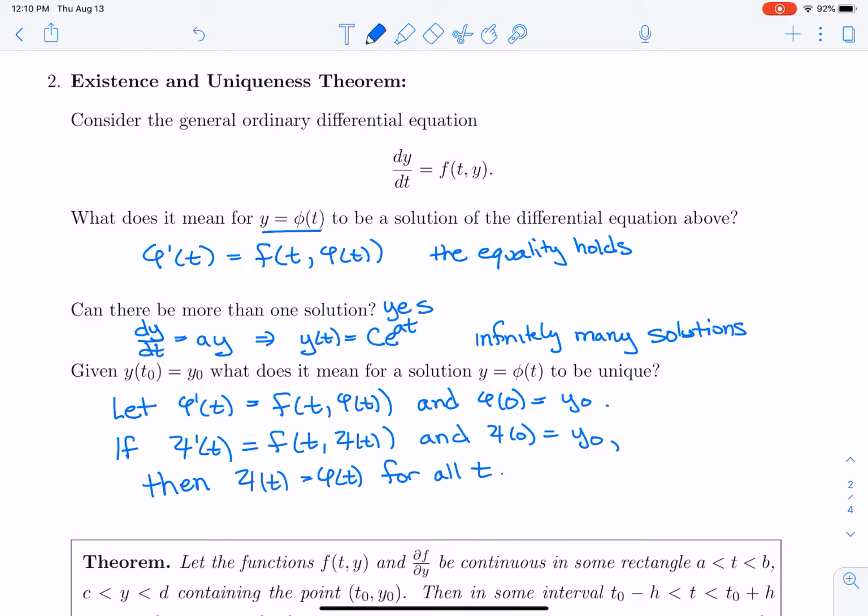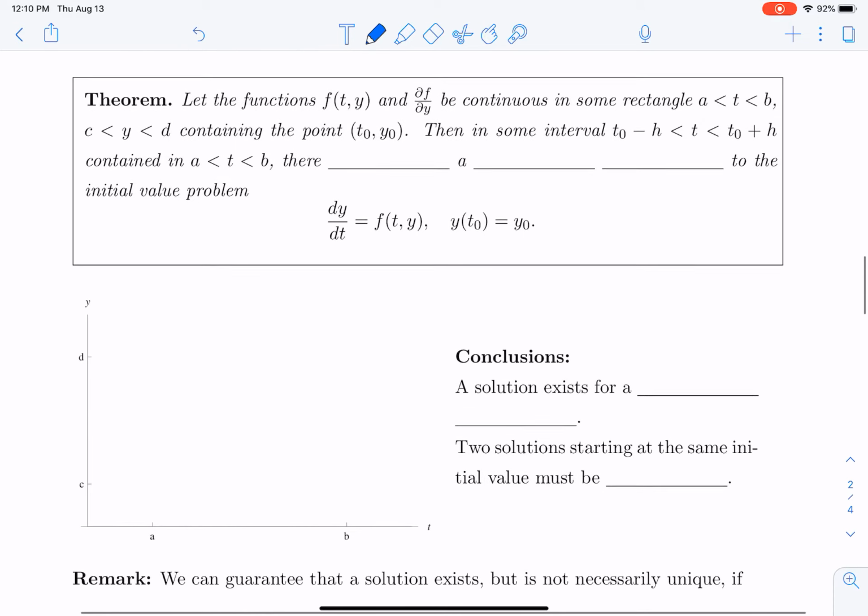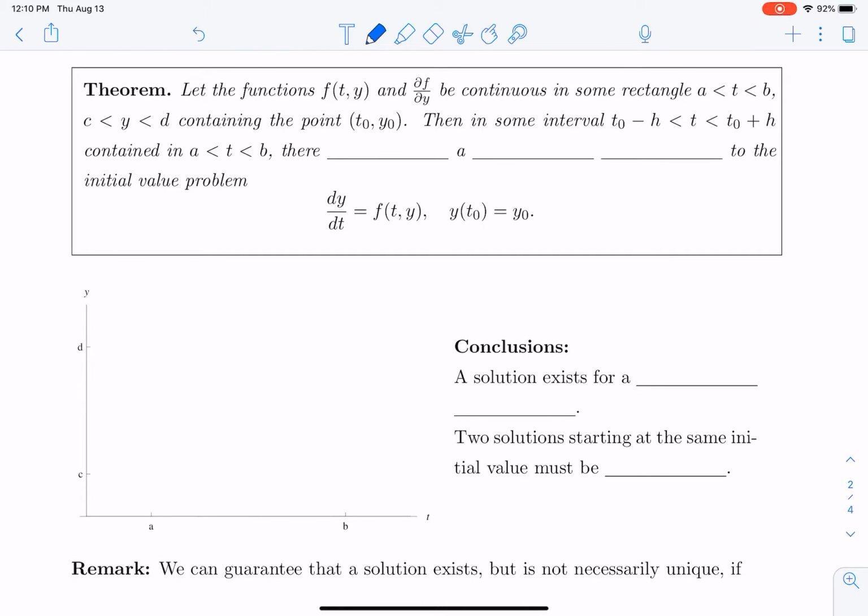Now that we have an understanding of what uniqueness is, this brings us to what's called the existence and uniqueness theorem. The theorem says, let the functions f of t, y, and df/dy be continuous in some rectangle.